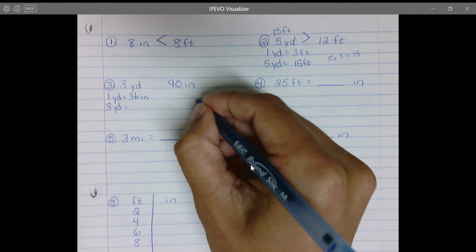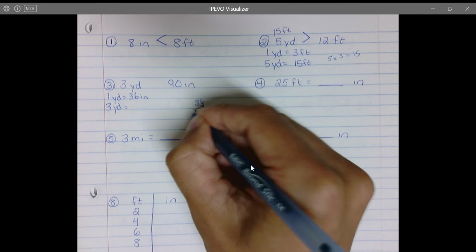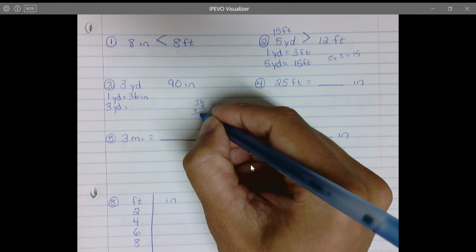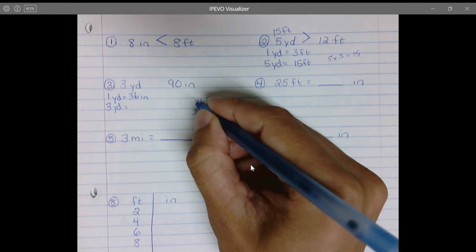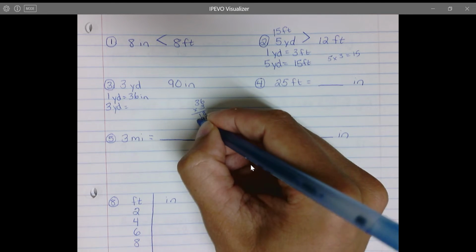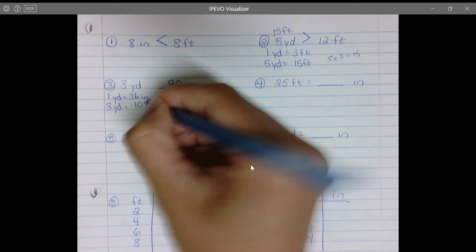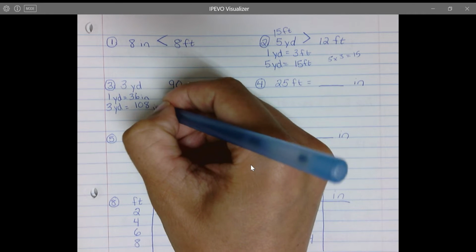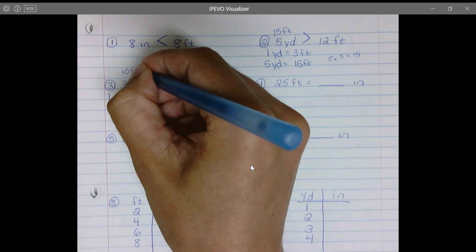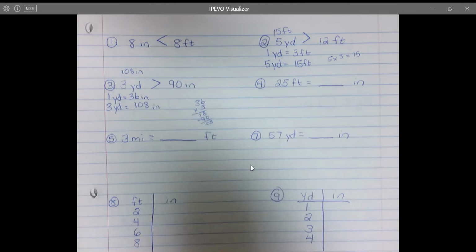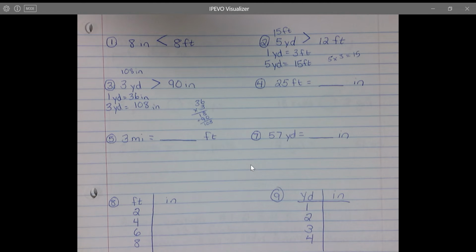If I do that over on the side, 36 multiplied by 3. 3 multiplied by 6 is 18. 3 multiplied by 30 is 90. When I add these together, I get 108. So 3 yards is 108 inches. So again, 108 inches is greater than 90 inches.